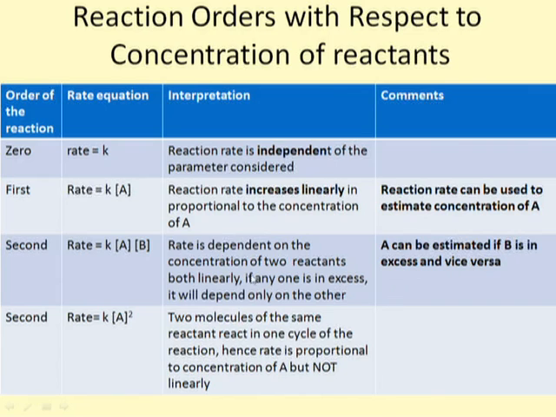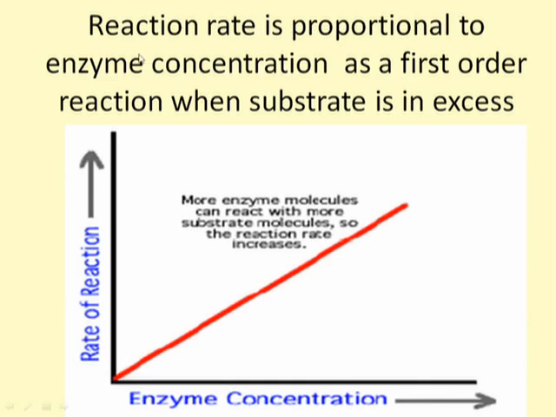Now how does this relate to enzyme assays? The reaction rate is proportional to not only the substrate concentration but also the enzyme concentration. In an enzyme assay, we want to measure the enzyme units or the enzyme activity, and therefore we must keep the substrate in excess.